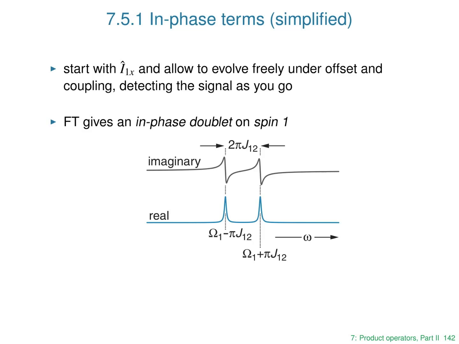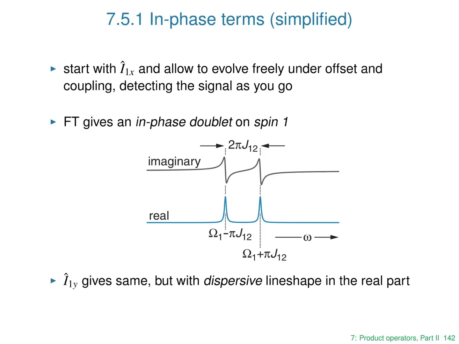Of course, you can phase the spectrum how you like, but I've just written it here so that the real part comes out with absorption mode. And if you have I1y, that is in-phase magnetization on spin 1. But because it's along the y-axis, it'll just come out with the opposite line shape.